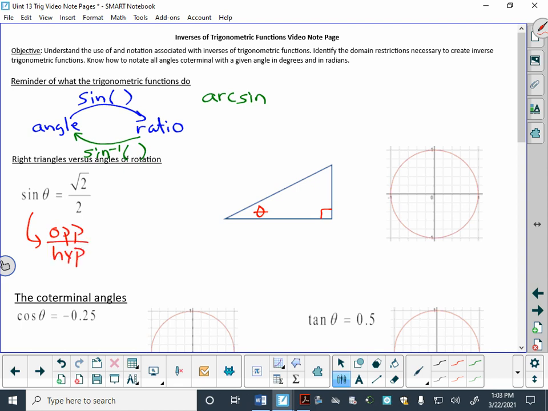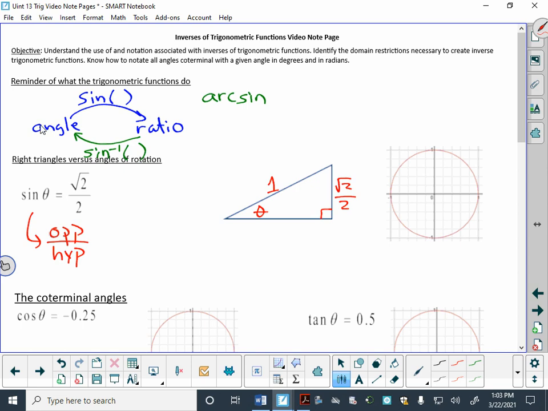So any way that we label this triangle on the opposite and hypotenuse, that when we do a ratio of those two sides, we end up with square root of 2 over 2, that will be true for this triangle. So I could even do this: I could do the opposite as square root of 2 over 2, and the hypotenuse as 1.